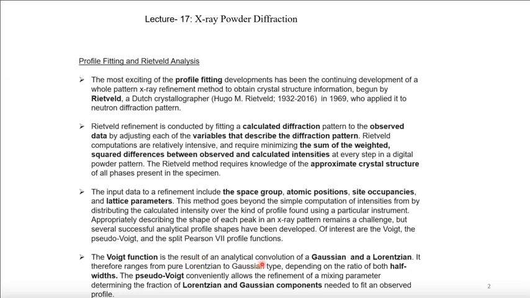And this refinement uses a convolution of Gaussian and Lorentzian functions, and there are many different methods, but all of them need information to be put forward, and then analyzed, and then the difference of observed and calculated data is found.